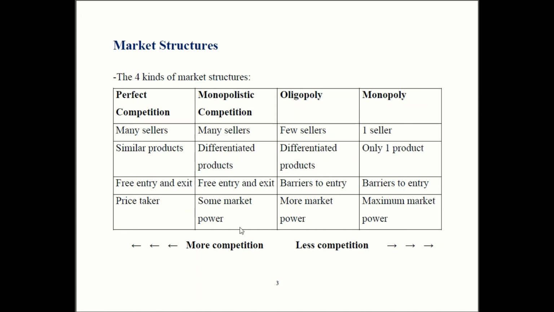Monopolistic competition gives you a little bit of market power. We said restaurants were an example of monopolistic competition. Because each restaurant is a little bit different, customers might pay a bit extra if your restaurant is special. So you might have a little bit of power to jack up the price on them. That gives you some market power. When there's an oligopoly, there are some firms, but not very many, competing with you, and your products are all different.